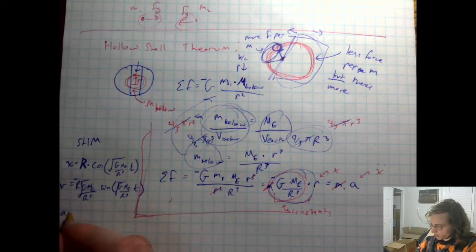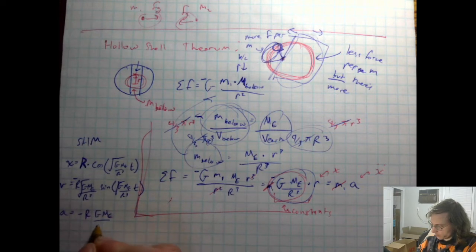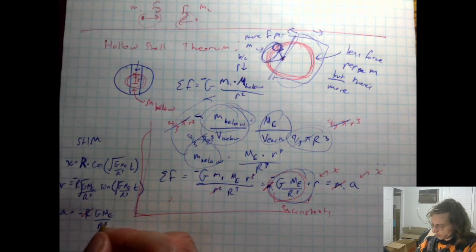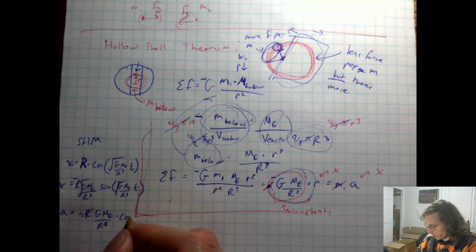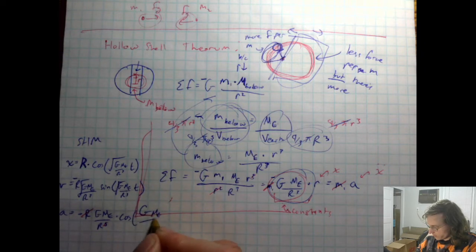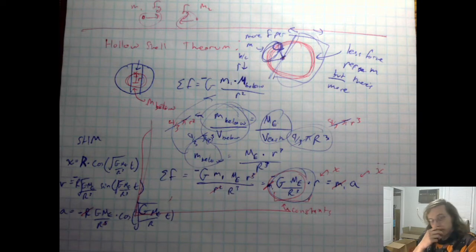And for our acceleration, we'll have negative R G mass of Earth divided by R cubed, our R's drop, times the cosine of the square root of G mass of Earth over R cubed times our time.